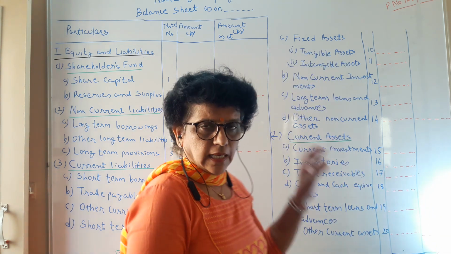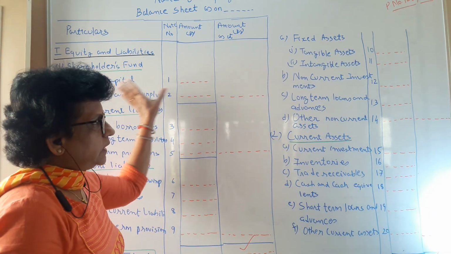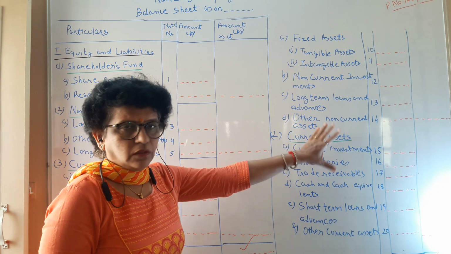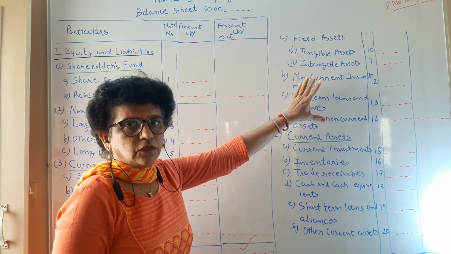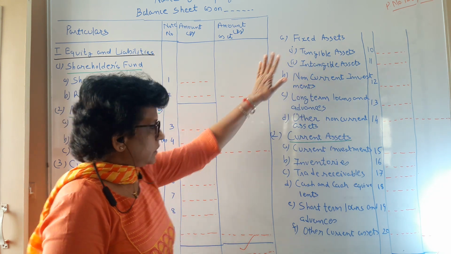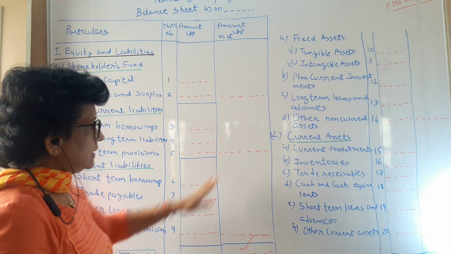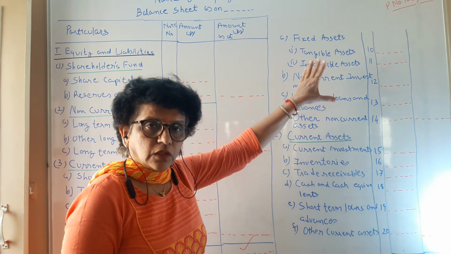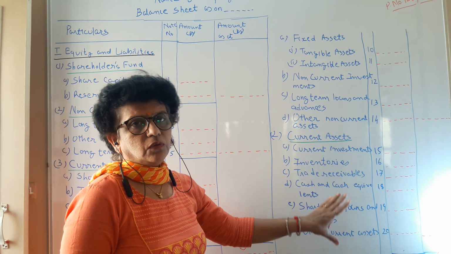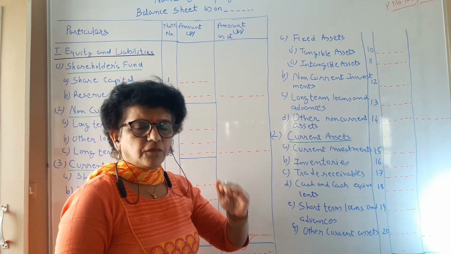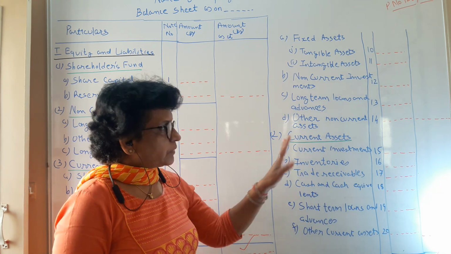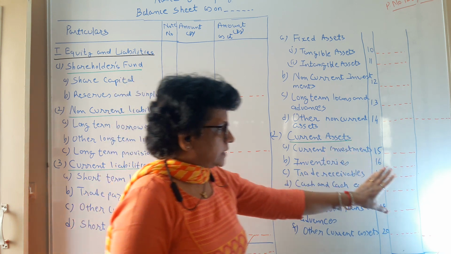Liability and equity will come first, asset will come later on. Then in asset you have two types, that is your non-current asset and then the current asset. So precisely you have to memorize the place of the particular item and the figure and its presentation.